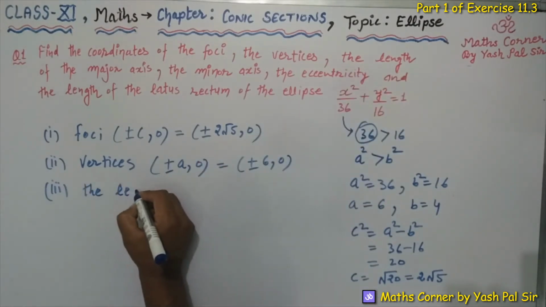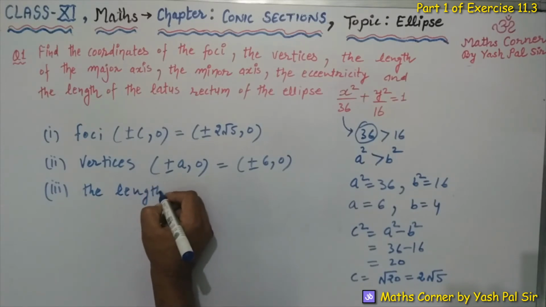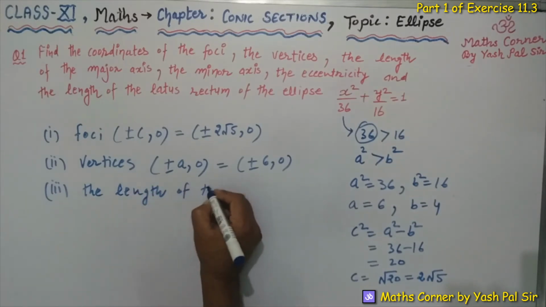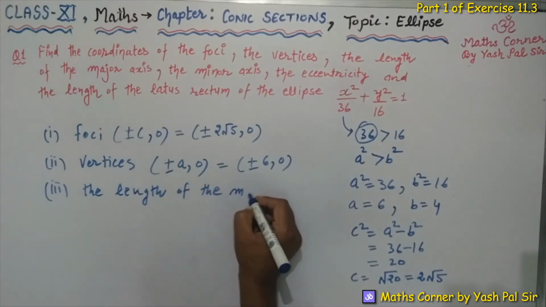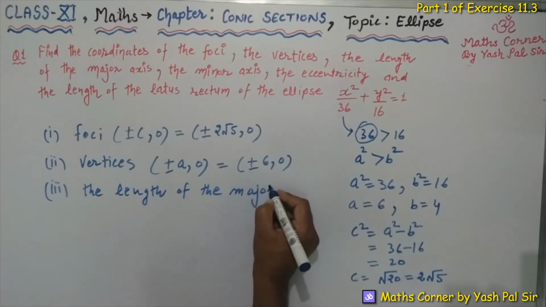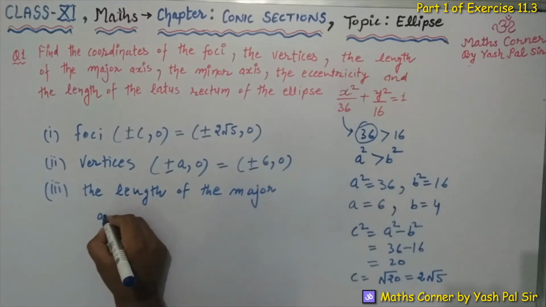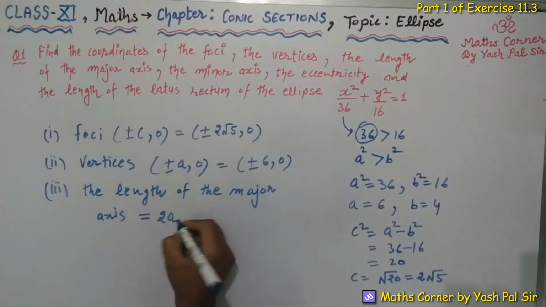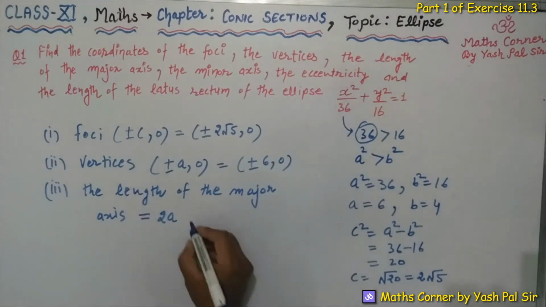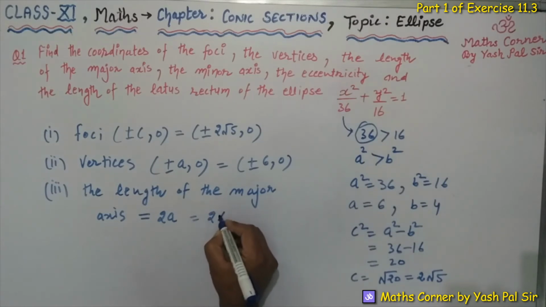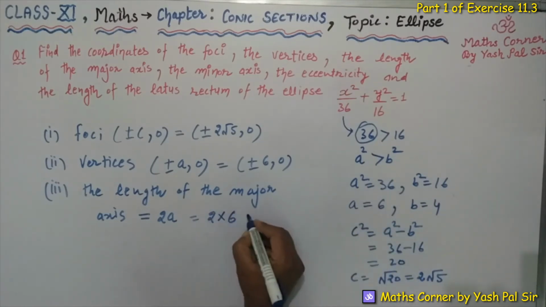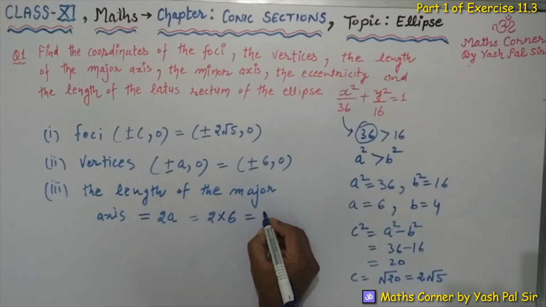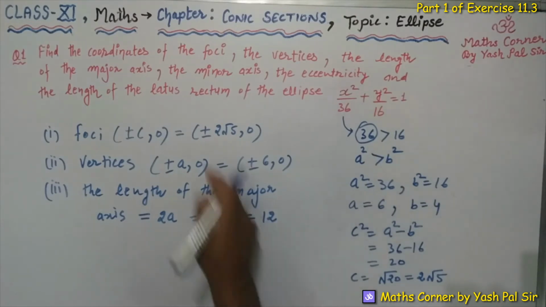The length of the major axis is equal to 2 times a, which is equal to 2 into a is 6, which is equal to 12.